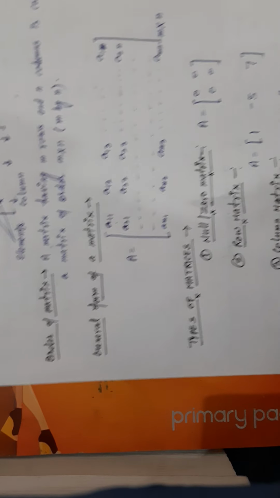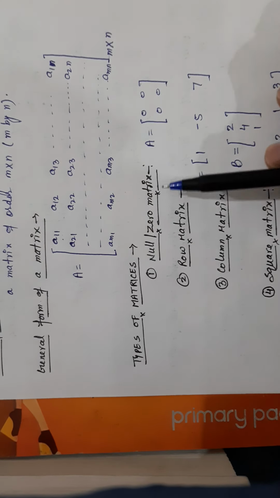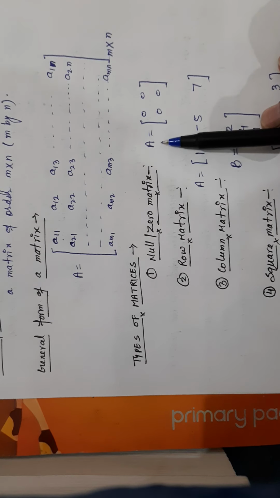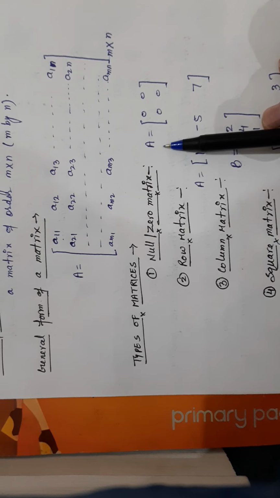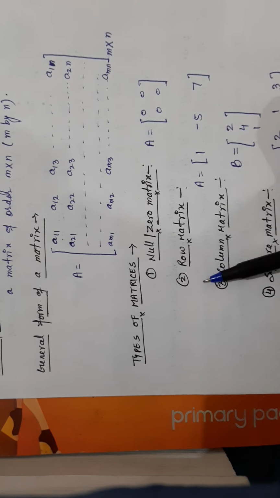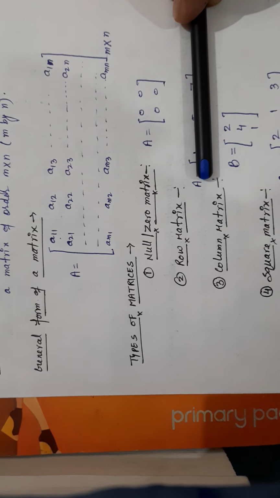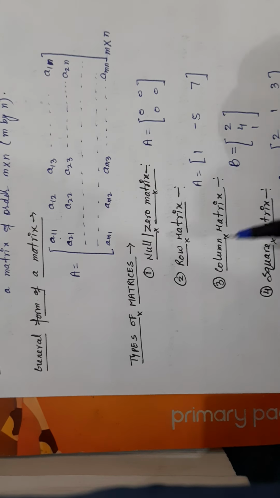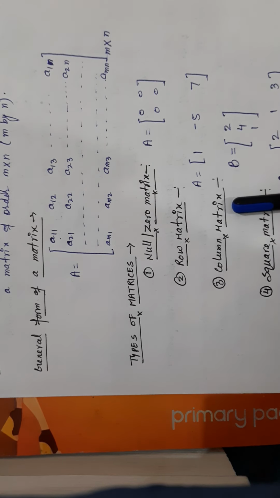Now, there are some types of matrices. Number one is null matrix or zero matrix. A matrix having each element 0 is called zero matrix. Second type, row matrix. A matrix having single row is called row matrix. And if a matrix is having single column, then it will be a column matrix.